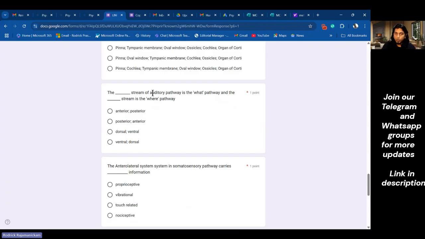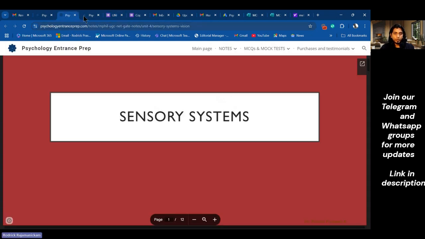So it goes more forward, and then from Heschl's gyrus, which is your primary auditory cortex, it goes to your parietal lobes. So it is kind of like rear. So it's posterior, and it helps in identifying where sounds are coming from, the source of sounds. So that is the posterior pathway.